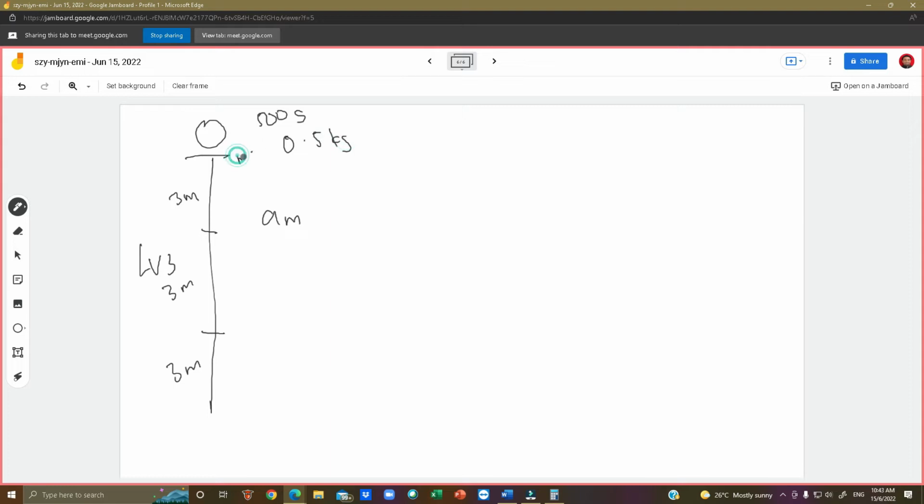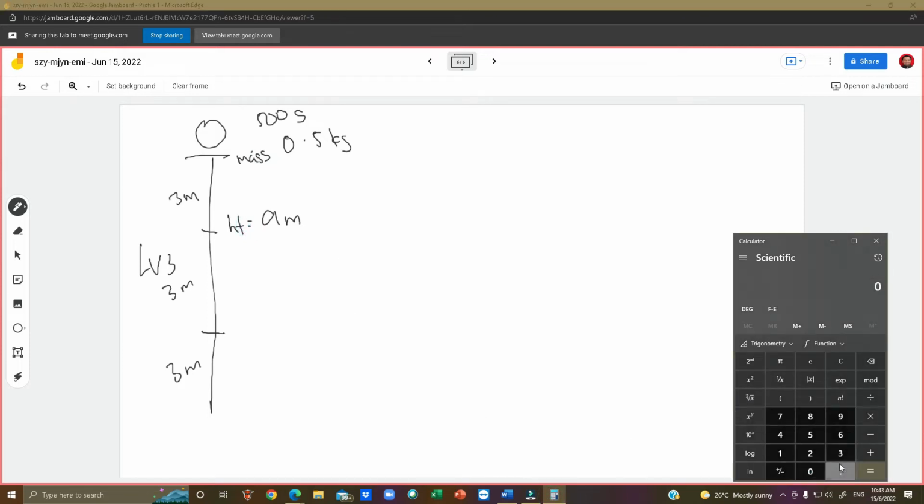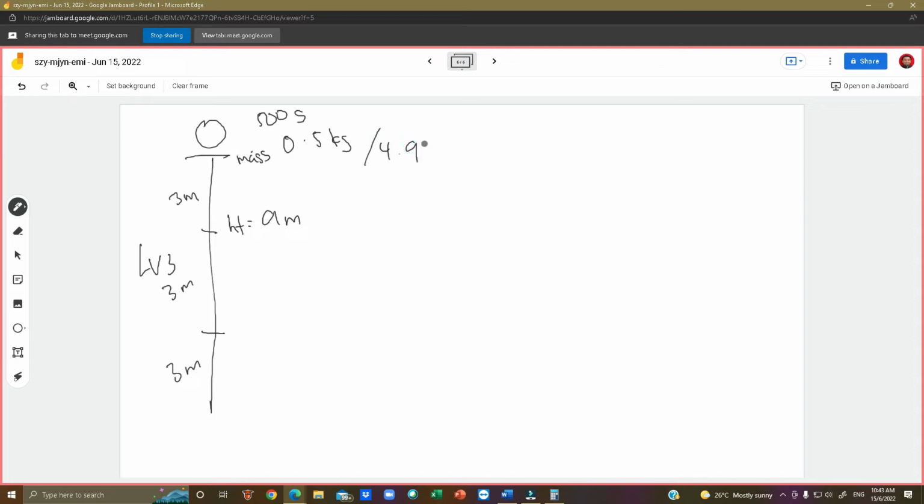Ni dia punya mass. So berapa weight dia? This is dia punya height. 0.5 kali dengan 9.81. We have 4.905 Newton.